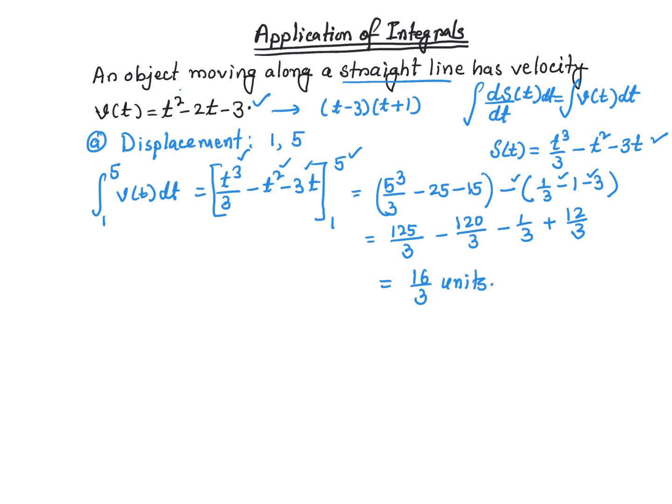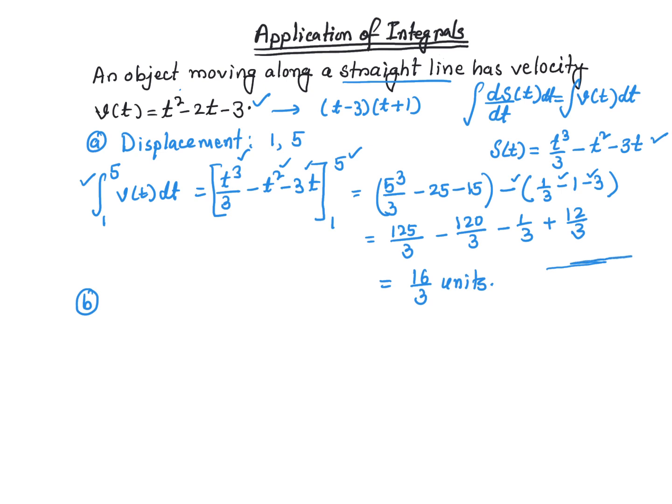So that's one thing. The other thing I want to answer is this: what is the total distance traveled, not the net displacement which you get here, but the actual distance. An object could be moving along the straight line this way, then suddenly change its direction, move this way, then maybe go back.